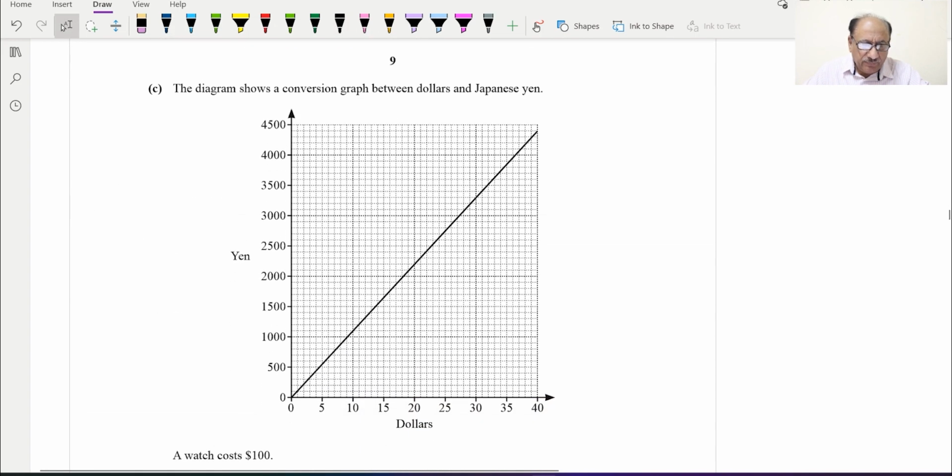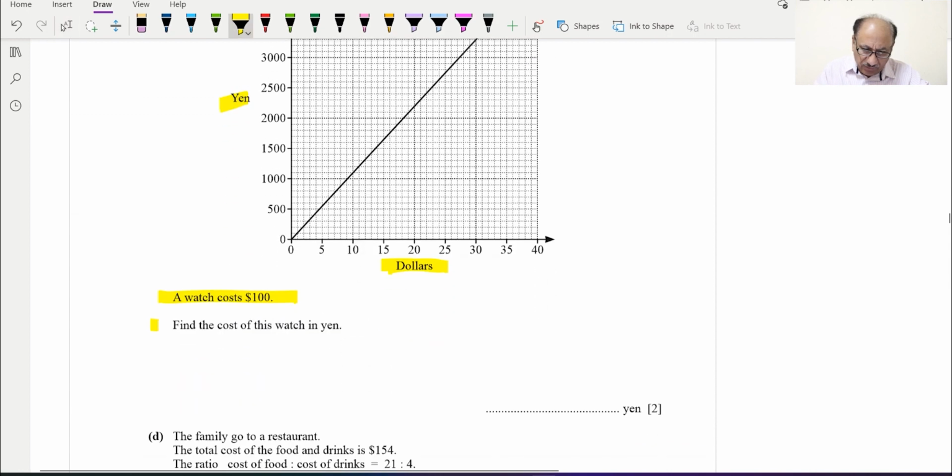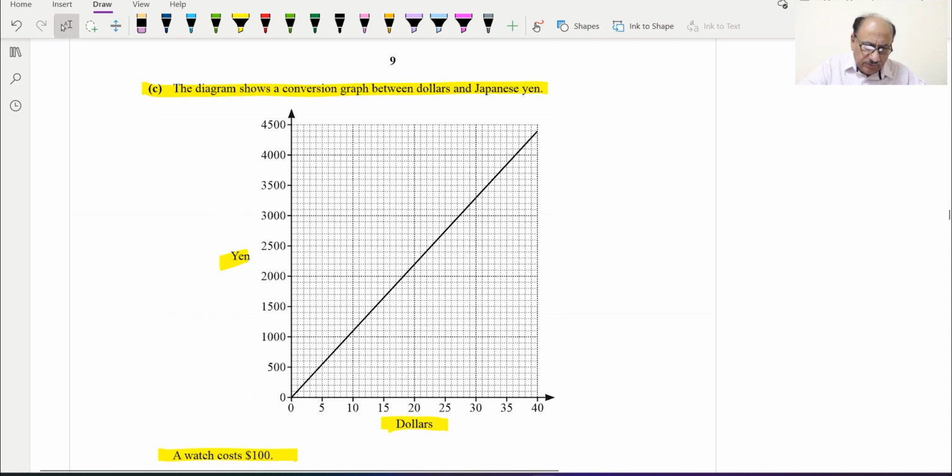Now part C says the diagram shows a conversion graph between dollars and Japanese yen. This side is dollars and the y-axis is yen. A watch costs $100, find the cost of this watch in yen. So $100 is not there on this scale, it is up to 40. So we can take a conversion like this one for 25, and then we can multiply this by 4 to get $100.